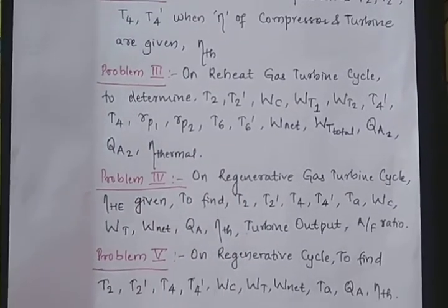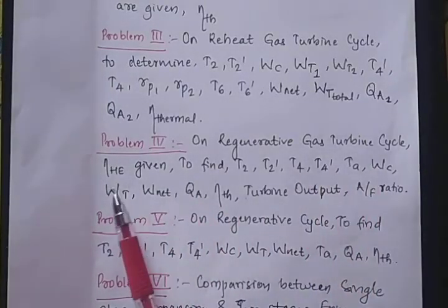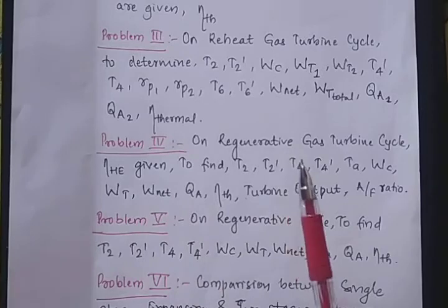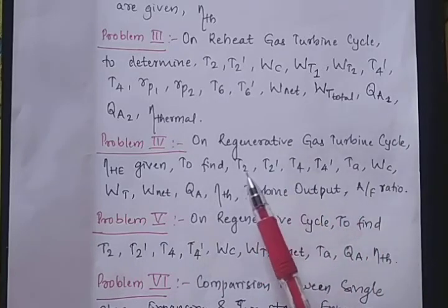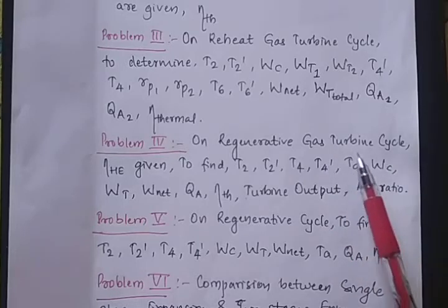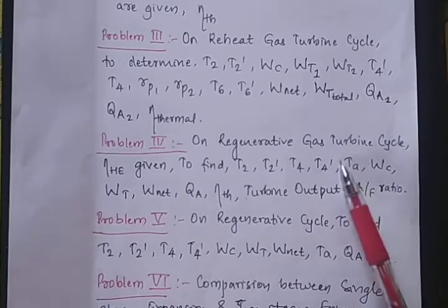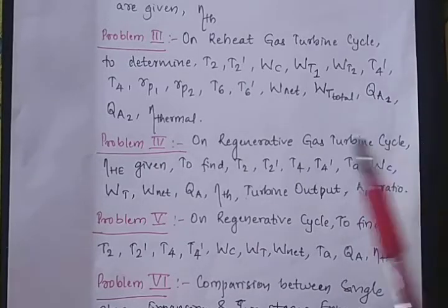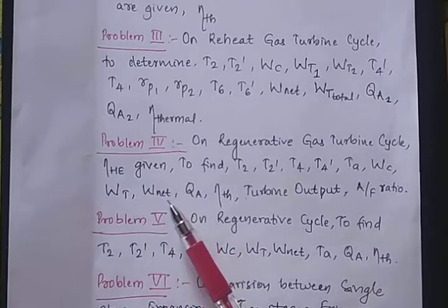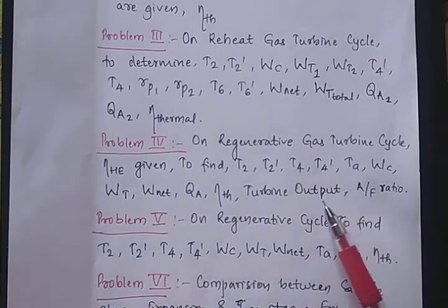In the fourth problem, which was on regenerative cycle, the efficiency of the heat exchanger was given to us. We had to find out all these temperatures, that is T2, T2 dash, T4, T4 dash, then the temperature at which the heat is added from TA, and then work of compression, work done by turbine, W net, heat added, thermal efficiency, turbine output and air fuel ratio.